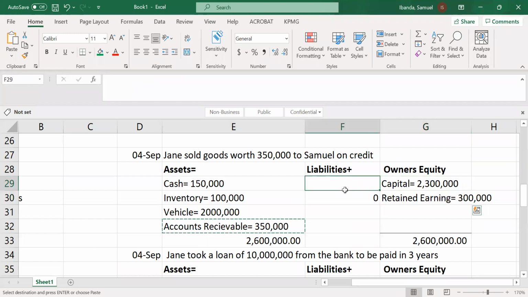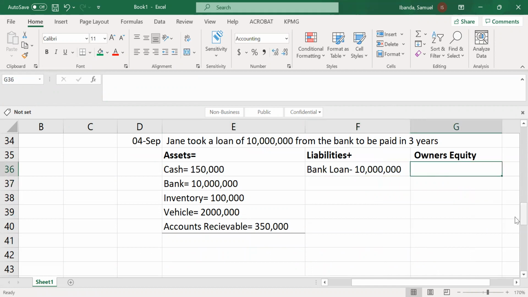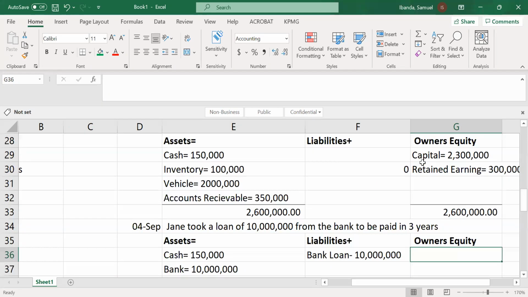Now, I don't have any other asset coming in here, so I'll move to liabilities. Liabilities, there was nothing previously, so I'll just record long-term loan as a bank loan of 10 million. And after the 10 million, I'll just come here. Owner's equity 2.3, retained earnings remain the same, unchanged.